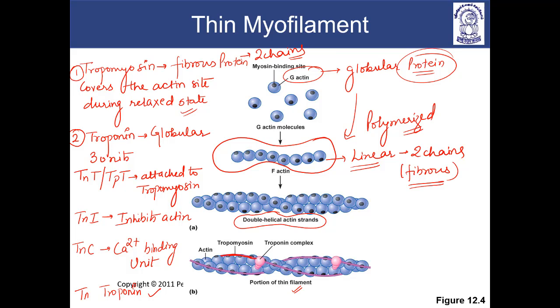Now, there is a sarcotubular system which is not present in smooth muscles. The sarcoplasmic reticulum acts as a calcium reservoir. This system, known as the sarcotubular system, is not present in smooth muscles.